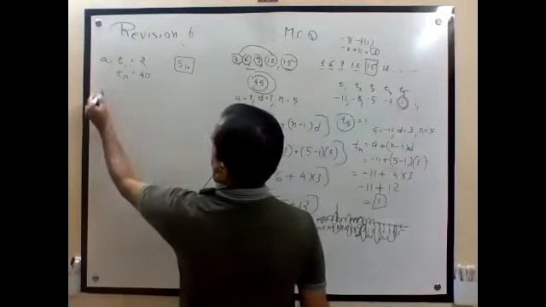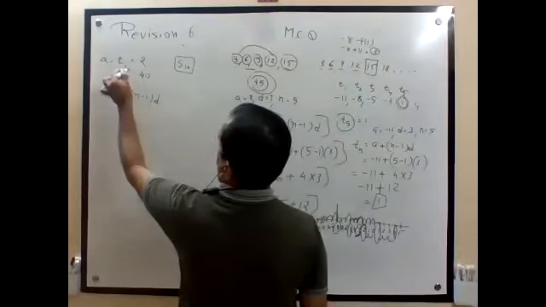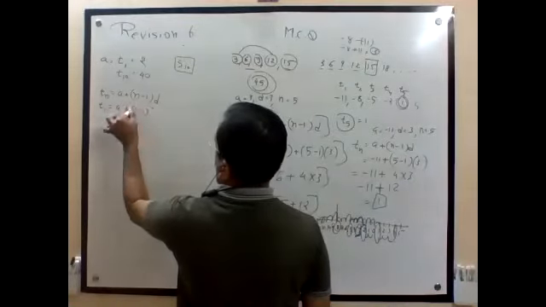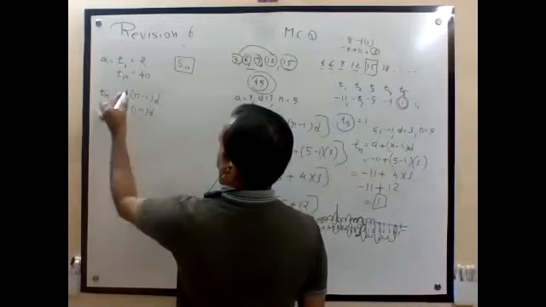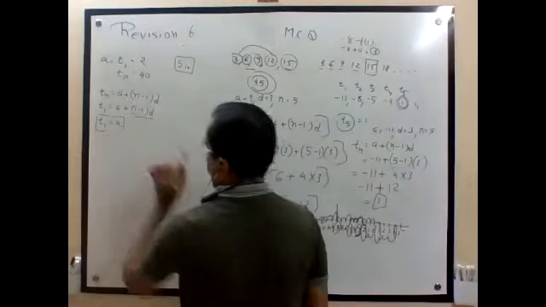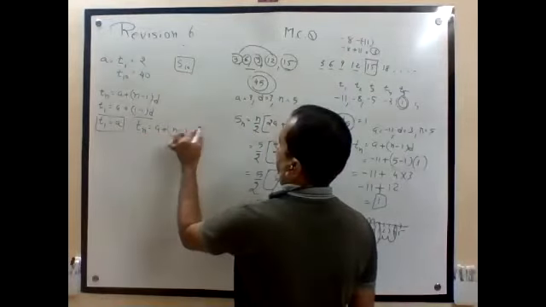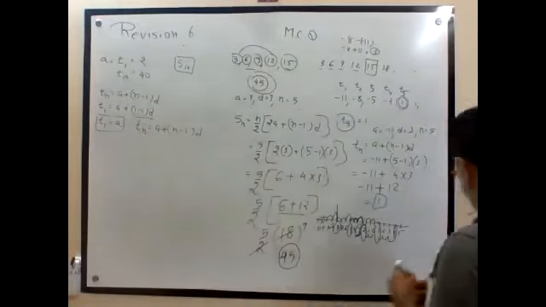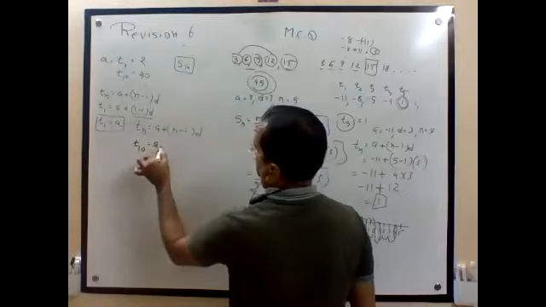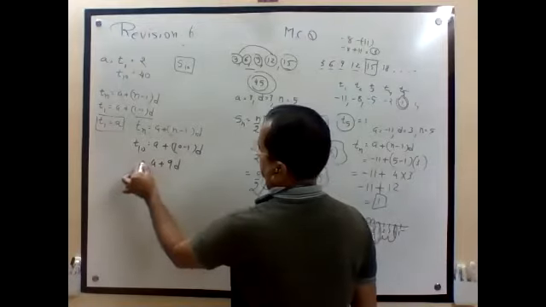Tn is equal to A plus n minus 1 d. T1 is equal to A plus 1 minus 1 d, so this is 0. This is only A. Now T10: A plus n minus 1 d, with n equal to 10, is A plus 9d.